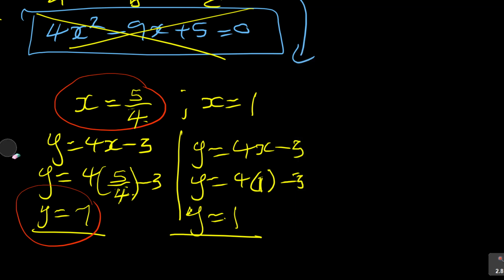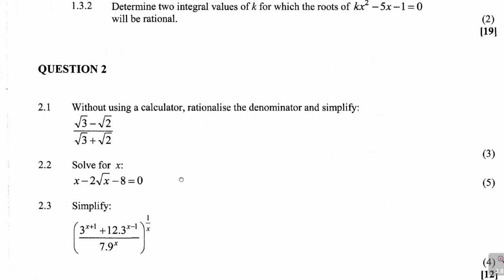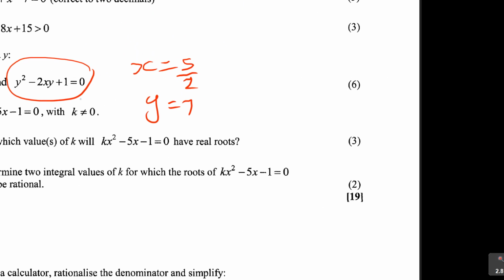So instead of 7 there, I'm supposed to have y being 2, right? So let's test this one again. 5 over 4 and 2. Where do you take it? You take it in the original. 5 over 4 and 2 here. So when x is 5 over 4, y is equal to 2.